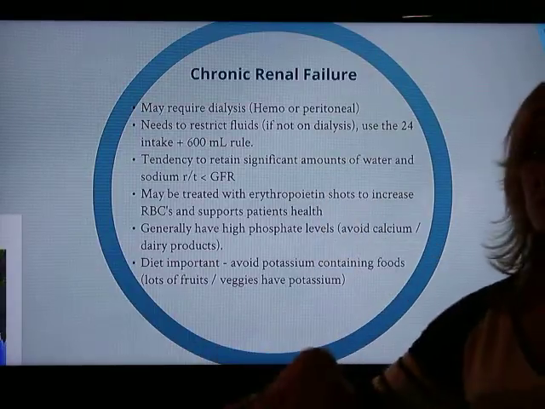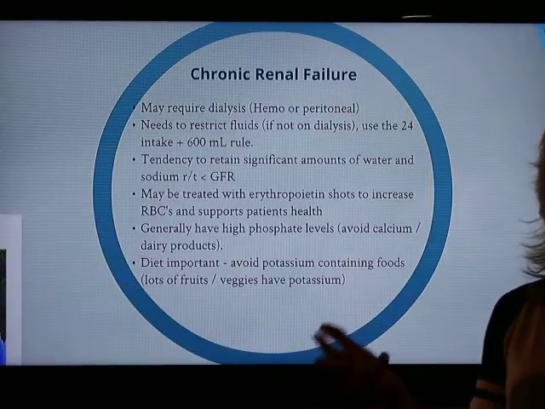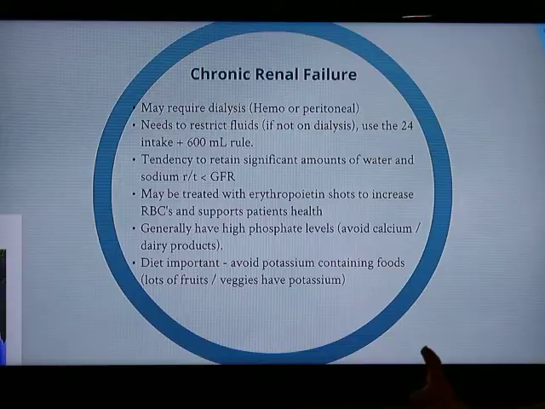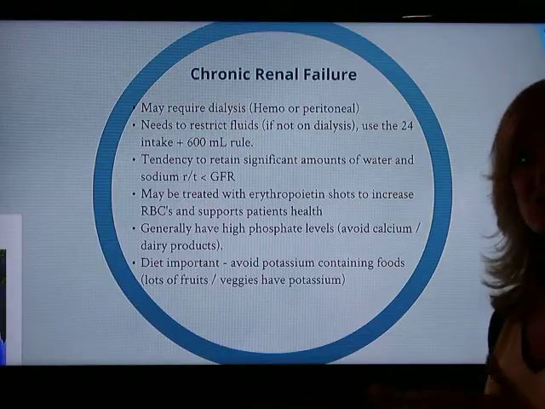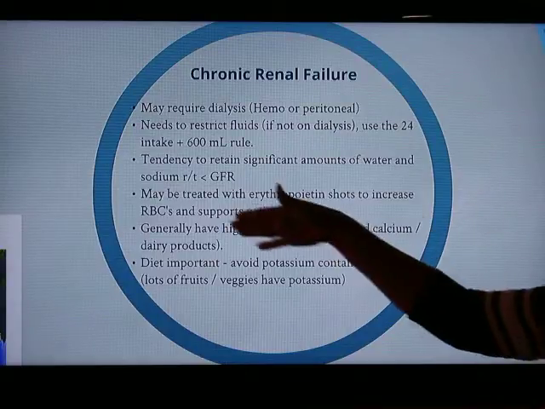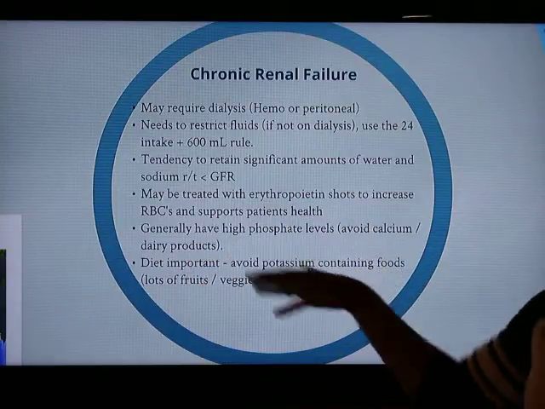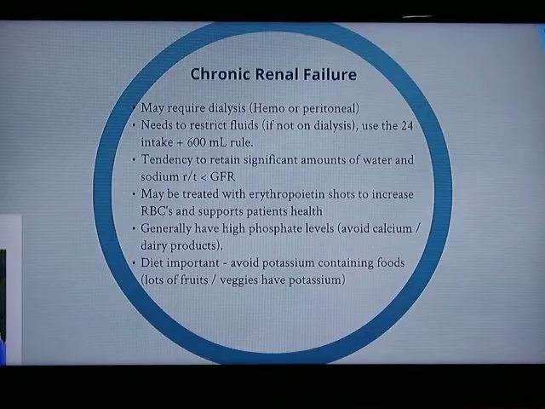Another thing that your kidneys do is produce erythropoietin, which helps improve red blood cell production. So sometimes your patients whose kidneys aren't working might need to have shots of erythropoietin to stimulate and increase the red blood cells and support the patient's health, because they've got chronic kidney disease.